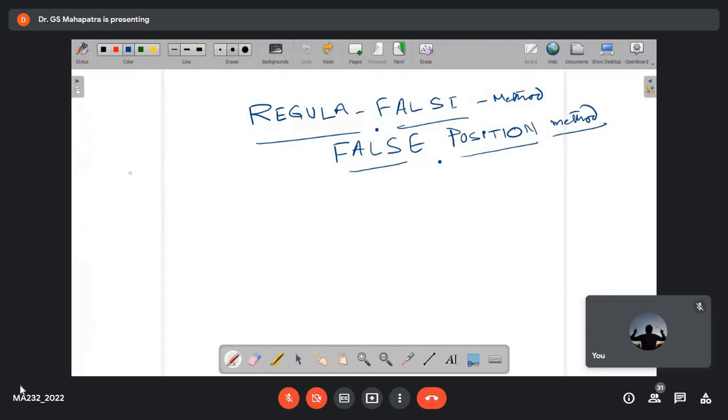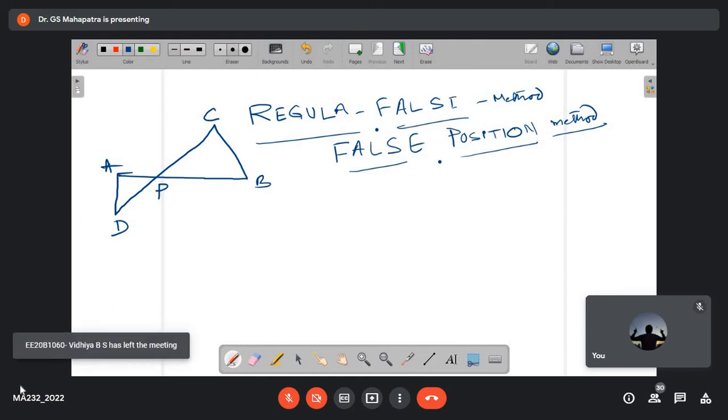Say these are all straight lines, with points A, B, C, D, and this is P. What is this diagram?